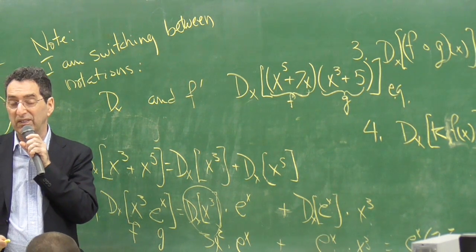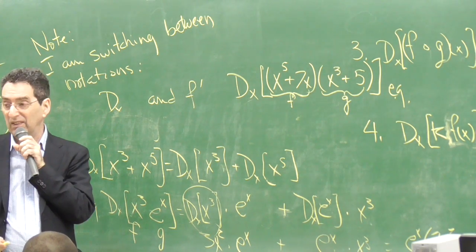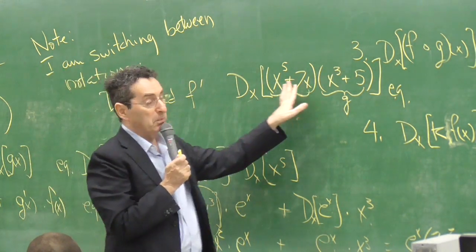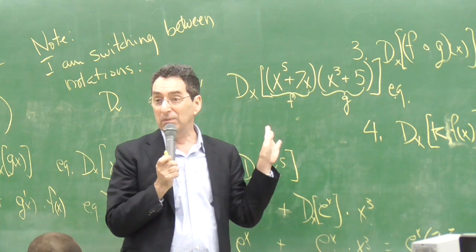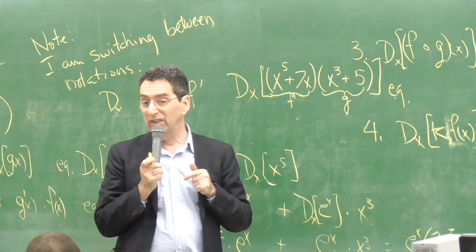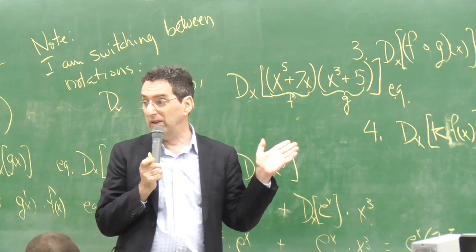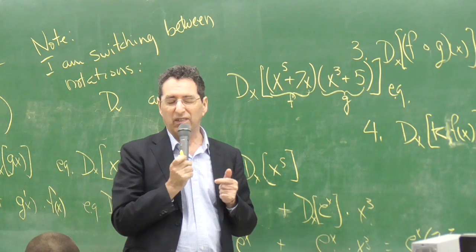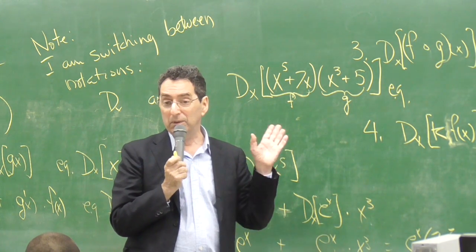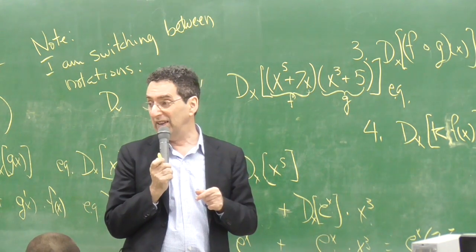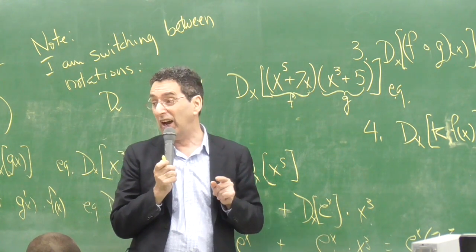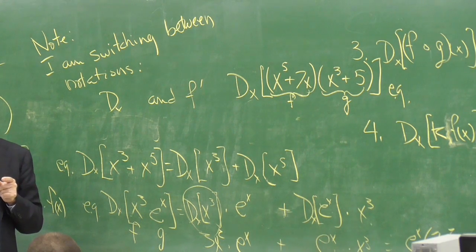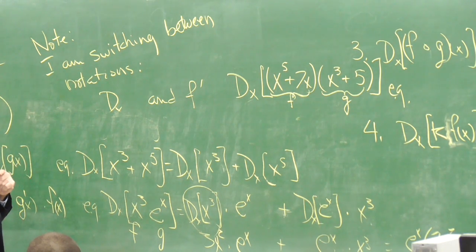But there's another way you could do it besides using the product rule. You could just multiply this out first, and then you're just going to have a regular polynomial. Then you can take the derivative of that polynomial piece by piece and get the answer. We could use that as a check to see if this product rule actually makes sense, because we know that we can do it one way.